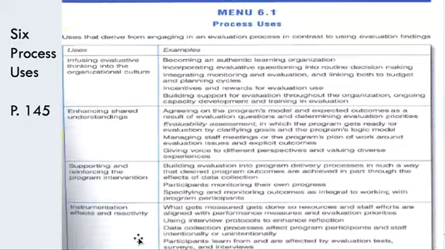A fourth type of process use is called instrumentation, effects, and reactivity. We all know what gets measured gets done, and that helps us identify resources and staff efforts that are aligned with our performance measures and our evaluation priorities. Again, very much in line with strategic planning.